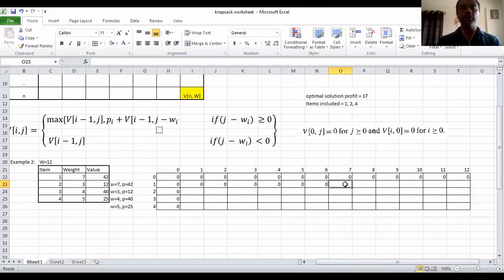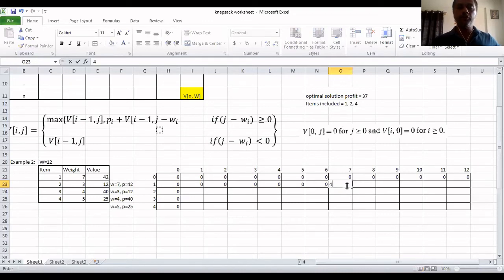Weight of the item is 7, J is 7. So 7 minus 7 is not less than 0, so we go for maximization. It's a max of the previous value, that is 0, and the price of the current item, that is 42, plus V of I minus 1, J minus W, that is 0.